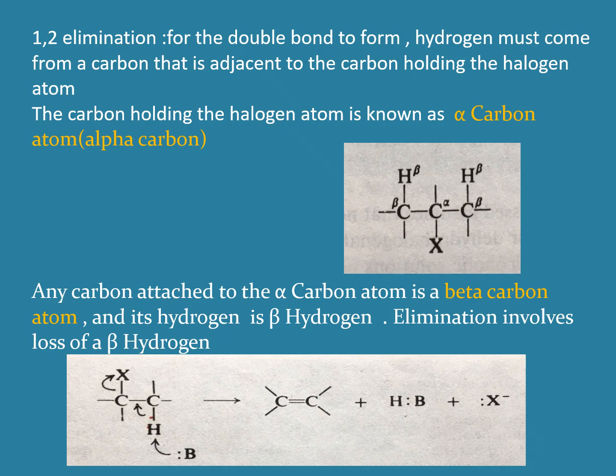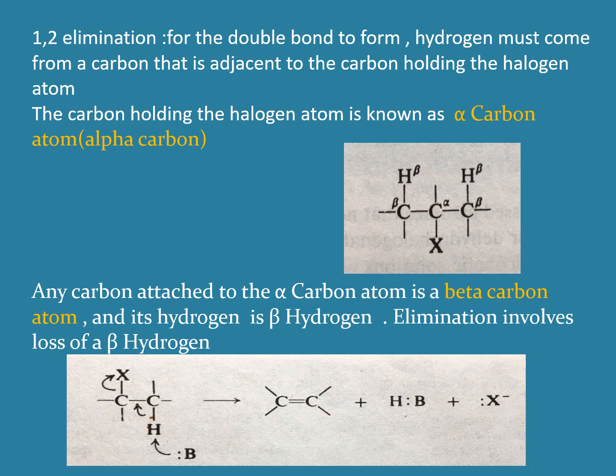Here in this picture it is shown that the alpha carbon atom is attached to the halogen, and any carbon atom which is attached to the alpha carbon atom is a beta carbon atom, and the hydrogen atom attached to the beta carbon atom is known as a beta hydrogen atom, and elimination involves loss of a beta hydrogen.